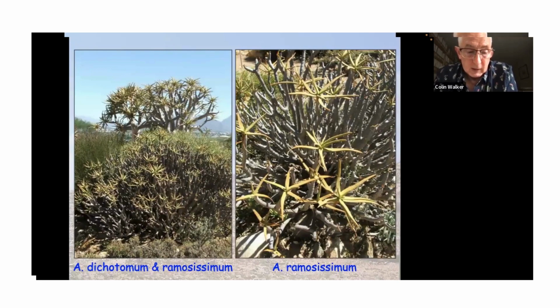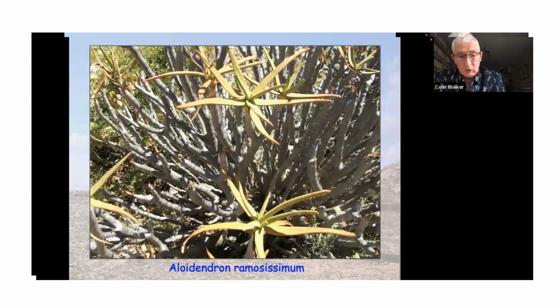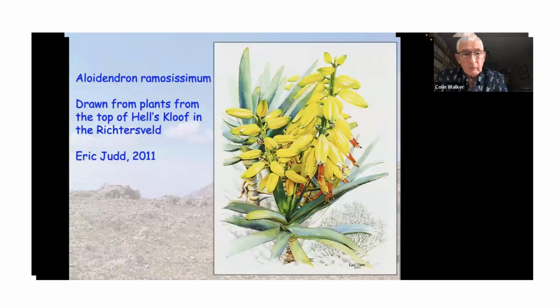Particularly on the basis of molecular studies, gene sequencing, and so on, which gives us a much clearer picture of relationships. On the right is a close-up of Aloidendron ramosissimum, just showing you how densely the branching is in that species. Even closer detail there. And again, a painting from the Tree Aloe book by Eric Judd, from Plants Helskloof in the Richtersveld.